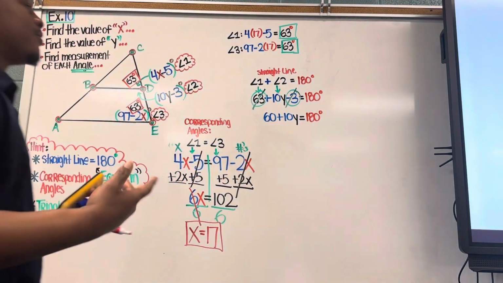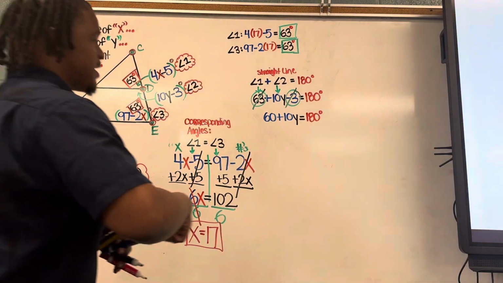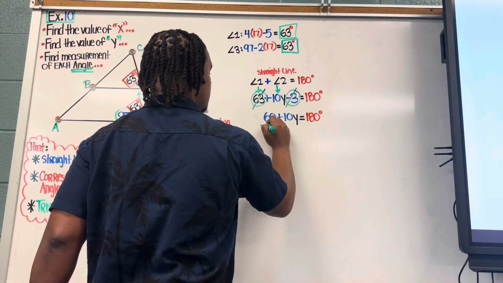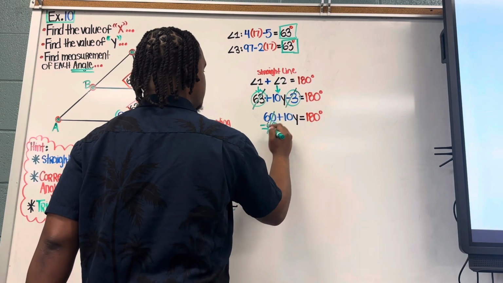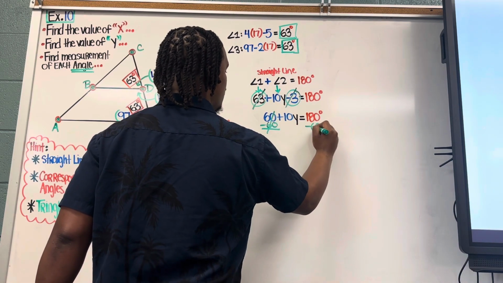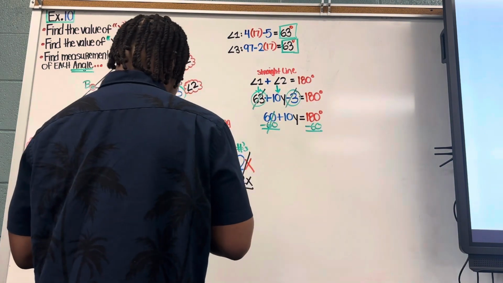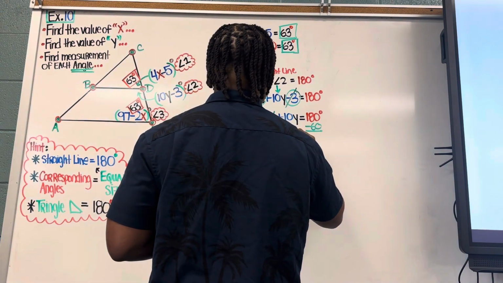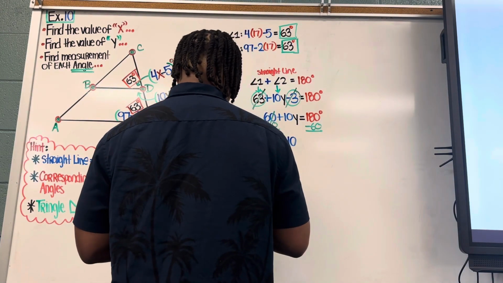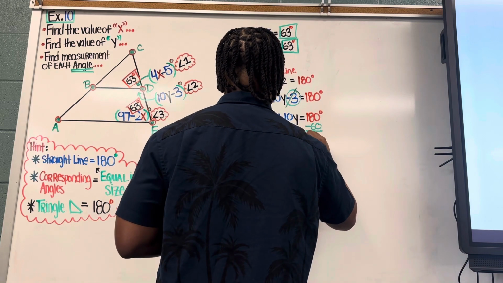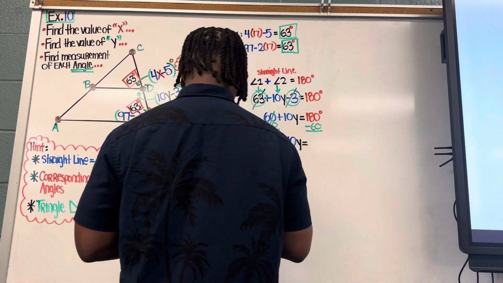Now, of course, I need to subtract 60 on both sides to get 10y by itself. 60 minus 60 is 0. 180 minus 60 is 120. So now we have 10y equals 120.